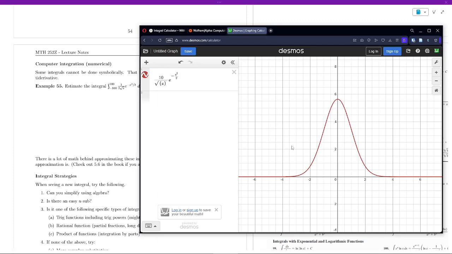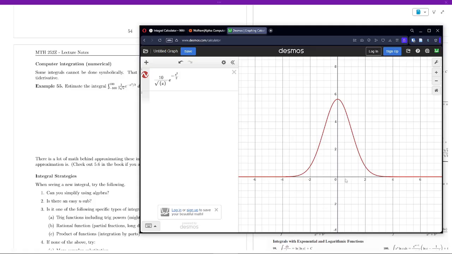And even worse perhaps, integrating this curve between two bounds is a super common thing that you want to do when you're doing statistics. You can think of the area under this curve as something to do with how likely it is that certain events happen.